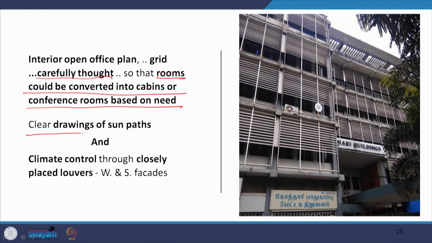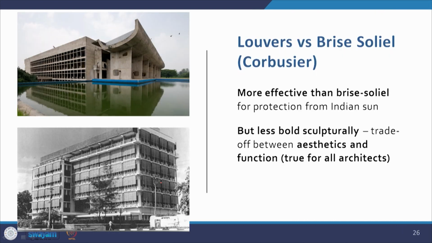Also, there were clear drawings made for the sun paths, and climate control was done through closely spaced horizontal louvers on the west and the south facades. Now, louver versus brise soleil of Corbusier: we see the brise soleil in the Assembly building in Chandigarh, and we find that these louvers are more effective than the brise soleil for protection from the harsh Indian sun, but they are less bold sculpturally.